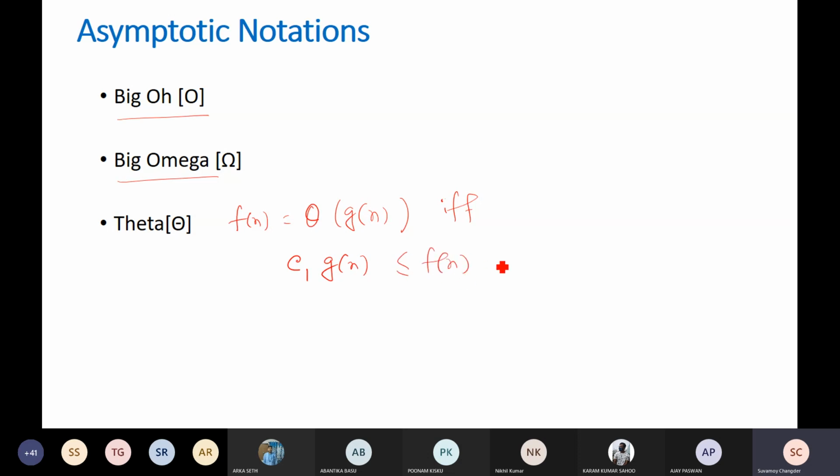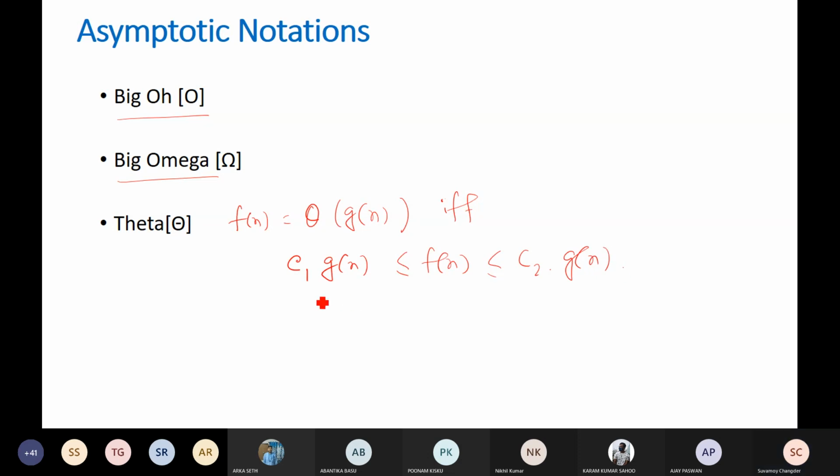Yes, there is a bound which is known as theta, and that is known as tight bound, because in theta we can define both O and omega. So now what is theta? We can write f(n) equals theta of g(n) if and only if, see here we are defining both omega and O as c1 times g(n) is less than or equal to f(n) is less than or equal to some constant c2 times g(n).